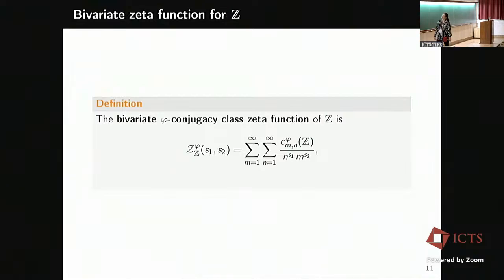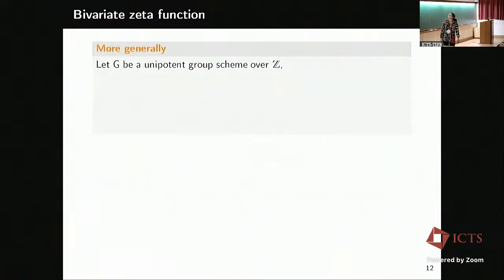And then, because now we have two parameters, M and N, one concerning the sizes of the classes, and one concerning the level, so to say, we take two complex variables instead. We just define something very similar, but now we divide by n^s1 and m^s2.